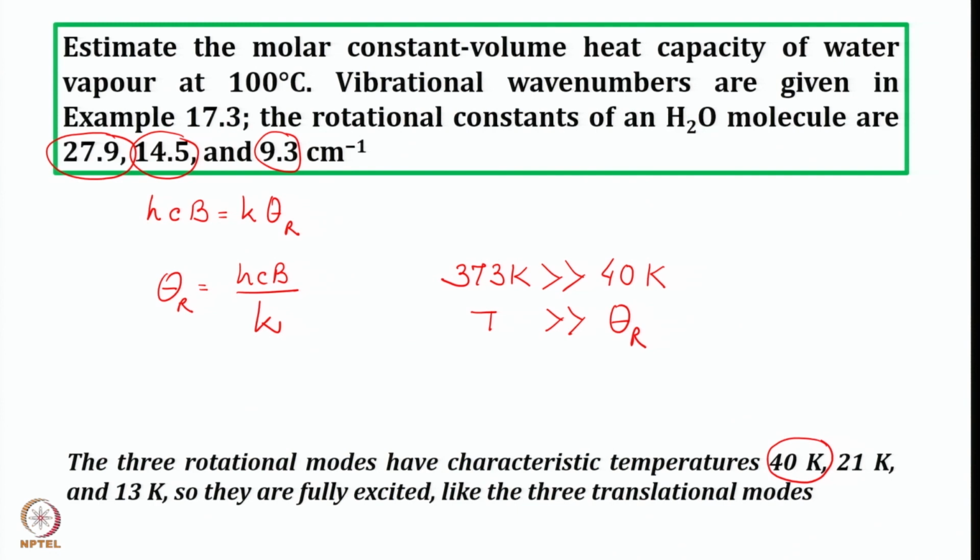All three rotational constants will give a characteristic rotational temperature which is much lower than the experimental temperature. That means all these rotational modes are fully excited. So, what value should I put? Nu R star, it is a non-linear molecule, I will put a value of 3.